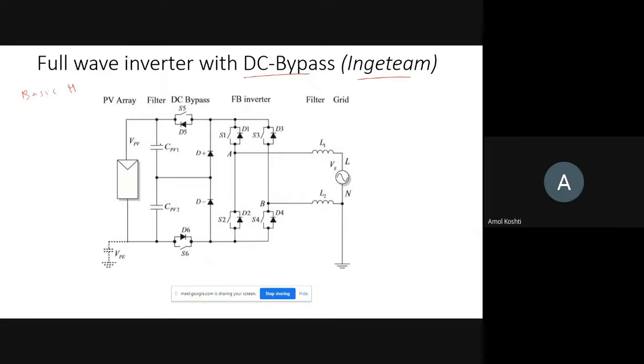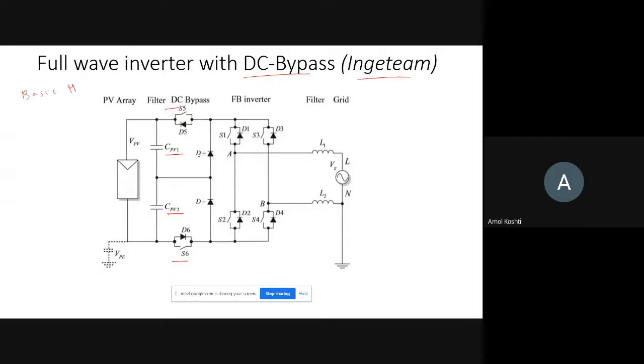So they have added two capacitors in series, named CPV1 and CPV2, along with two switches. We have these four switches already, then this S5 switch and this S6 switch.